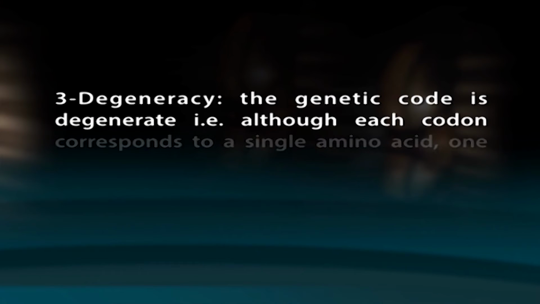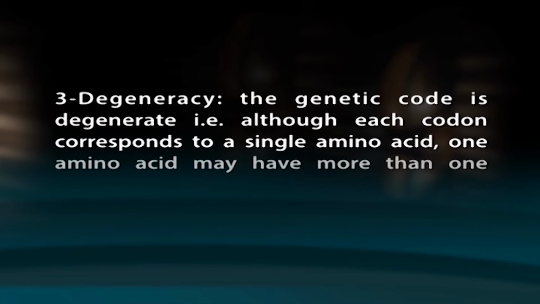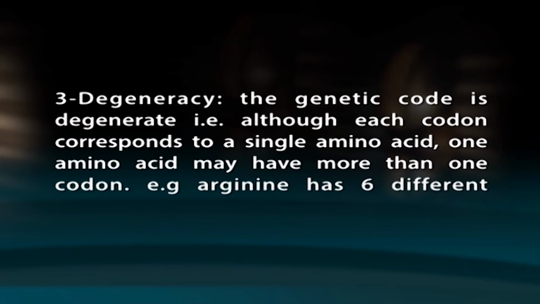The third one is degeneracy. The genetic code is degenerate, that is, although each codon corresponds to a single amino acid, one amino acid may have more than one codon. For example, arginine has 6 different codons.